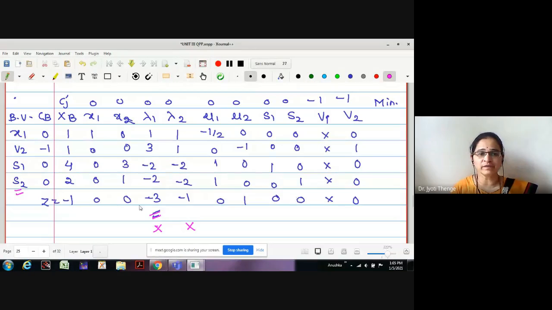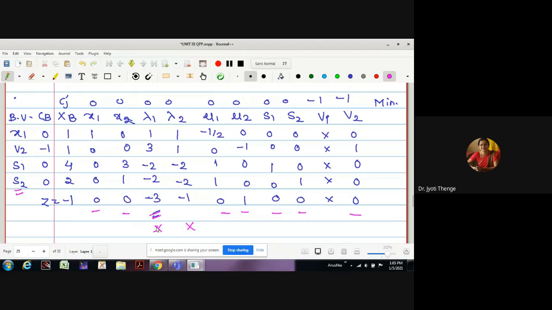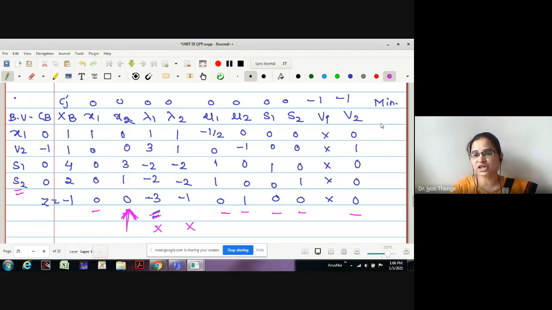As we look at the remaining net evaluations, all are non-negative, and we cannot enter lambda 1 and lambda 2. Therefore, we will try to enter the original variable x2. If x2 is entered, let me check which one is going to leave the basis by calculating xb upon x2.